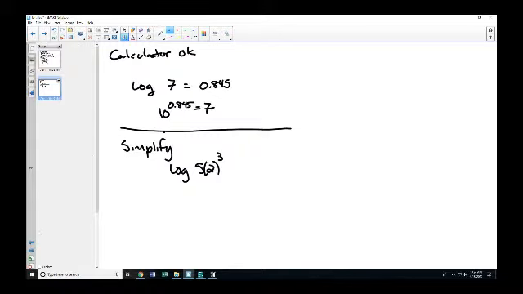Yeah, you can move it out front. Oh, hold on. Not yet. We have to do these things in order. Does that 5 have a cubic on it? No, it just doesn't have one, so we can't move it yet. So how can we split these two up?